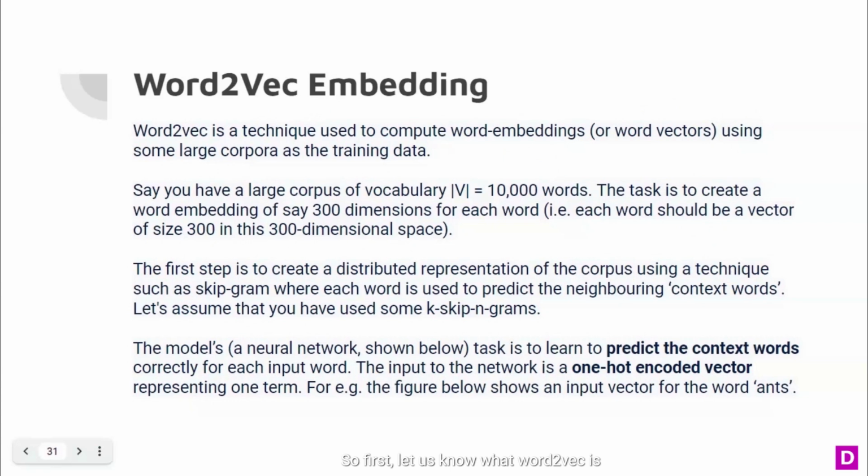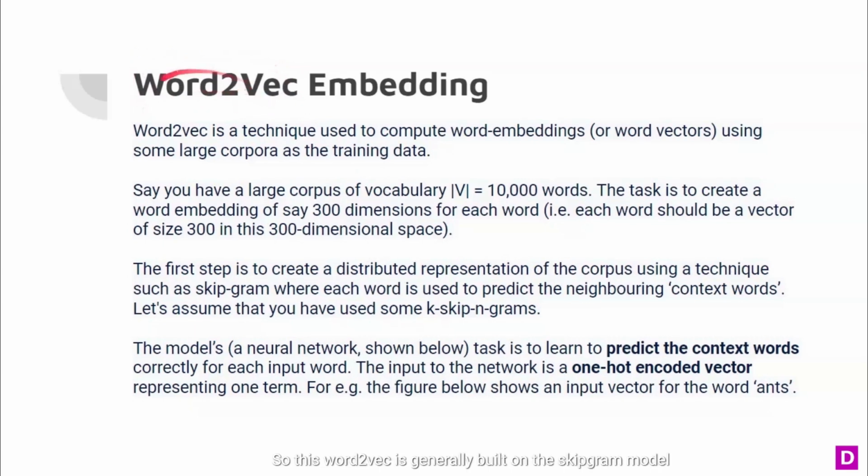First, let us see what Word2Vec is. Word2Vec is a technique used to compute word embeddings or word vectors using a large corpus of training data. Even the skipgram model we used to generate word vectors, right? Let me explain where this Word2Vec sits.